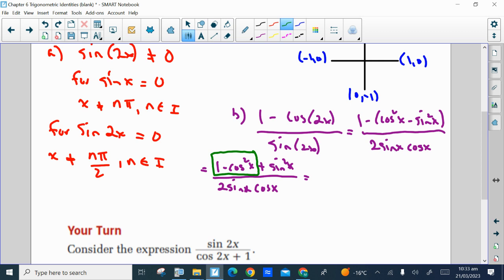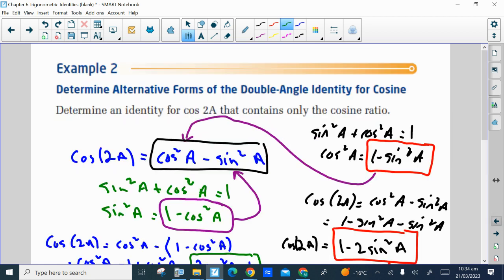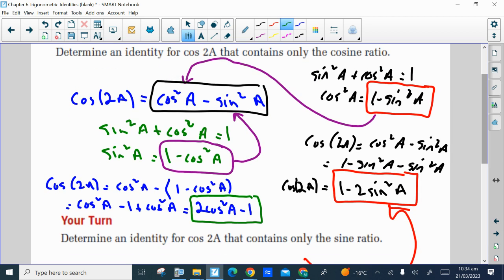What does 1 minus cos squared x equal? Say again? Sine squared x, that's right. Remember we saw up here that cos squared a equals 1 minus sine squared a.